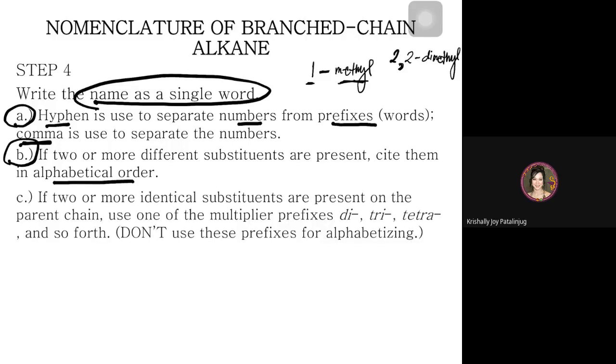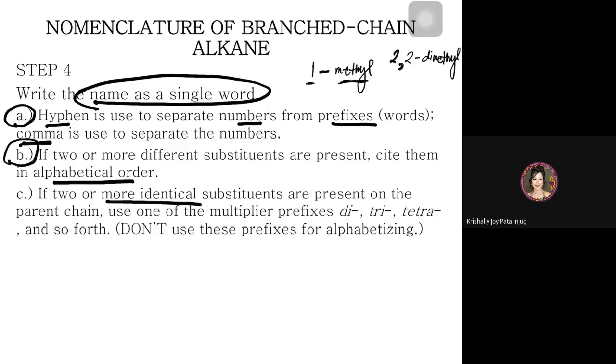Okay, next. Letter C, if two or more identical substituents are present. For example, two methyl, two ethyl, three methyl. That is what letter C means. If two or more identical substituents are present in the parent chain, use one of the multiplier prefixes. What are examples of multiplier prefixes?